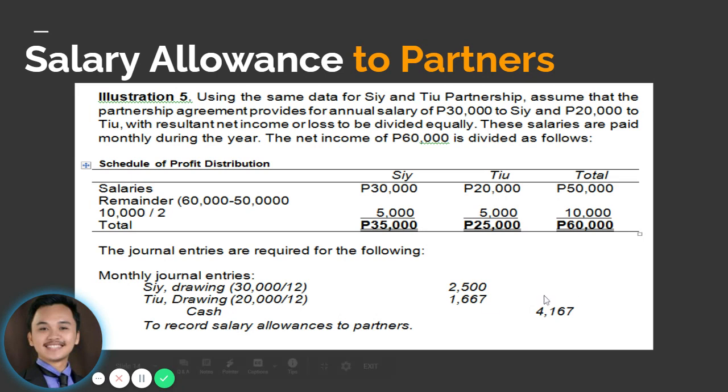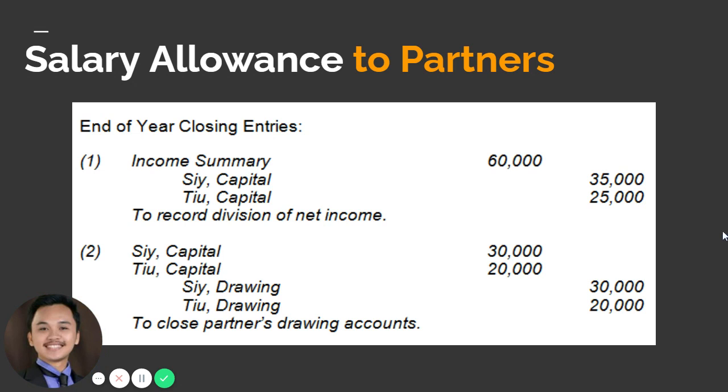So again, reminder, basta naa ay allowances provided, unahon na nato og hatag. Unahon nato na og deduct sa net income. And then, whatever ang mabilin sa net income will be divided among the partners depending on the agreed stipulation. Okay, so year-end closing entries.